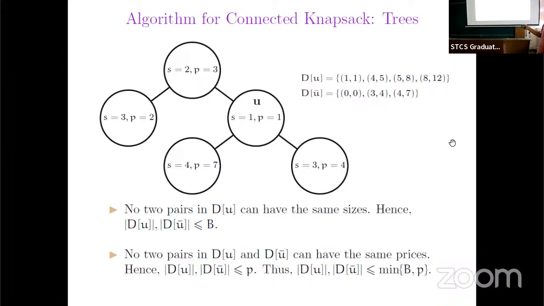So it can have at most B elements, where B is the size of the bag. Similarly, if P is the total price of all the items, then the cardinality of each of these sets is at most the minimum of B and P.